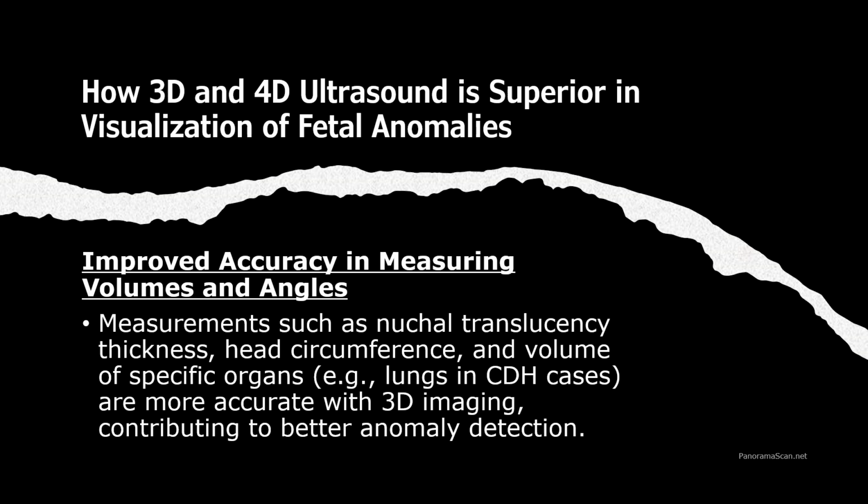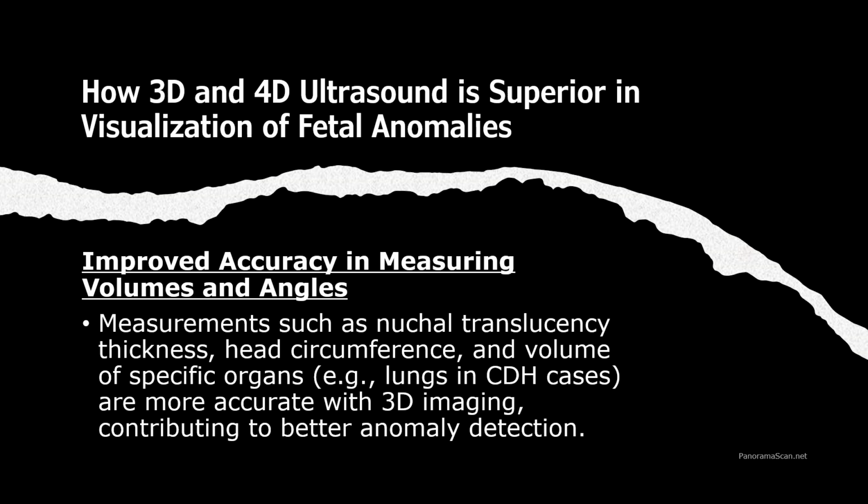For instance, nuchal translucency thickness, head circumference, and volume of specific organs, like the lungs in cases of congenital diaphragmatic hernia, are measured with much higher precision using 3D ultrasound.